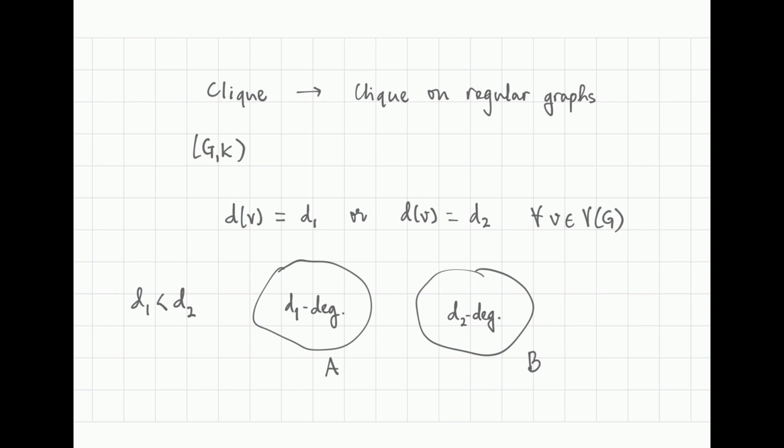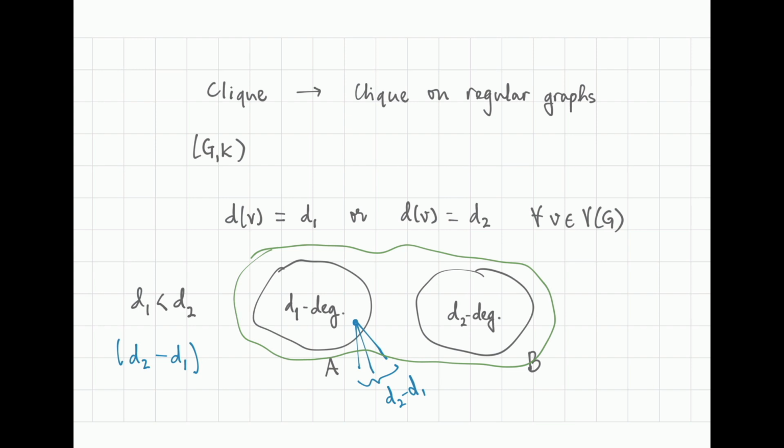So one quantity that feels like it might be relevant is this deficit D2 minus D1, right? So what if we took every vertex in A and gave it D2 minus D1 new neighbors for free? What this would do is ensure that every vertex that came from G now has degree D2, because the vertices in B anyway have degree D2 and we have not done anything to them.